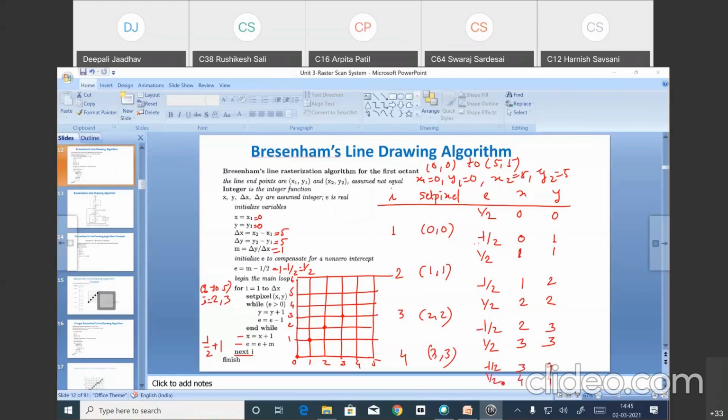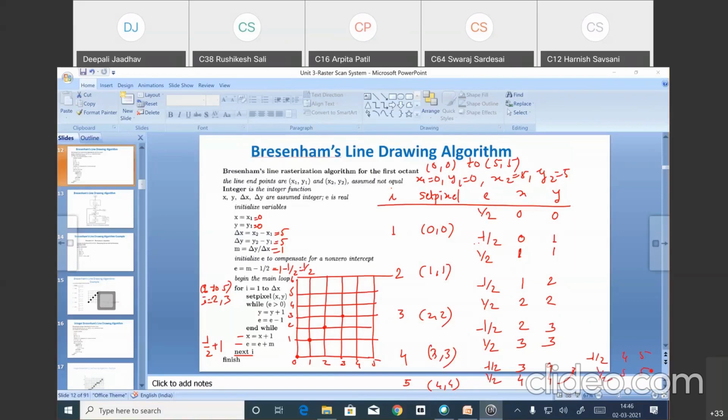Increase the value of i, it becomes 5. Set pixel 4 comma 4. Clear to you? Then next I write here minus 1 half, 4, 5, 1 half, 5, 5.